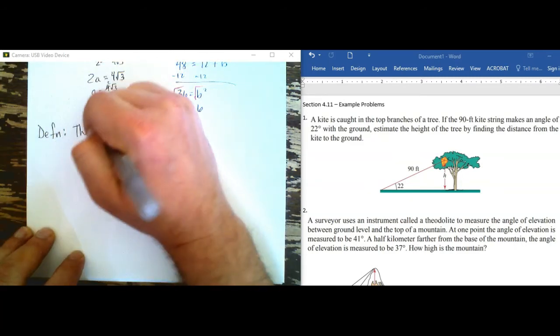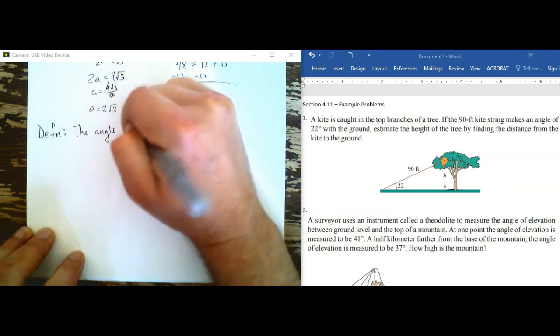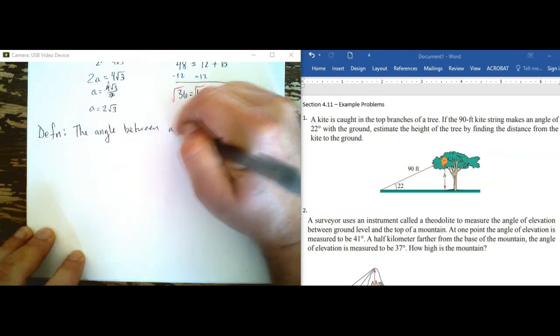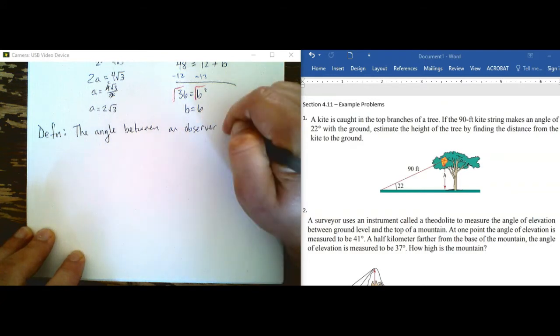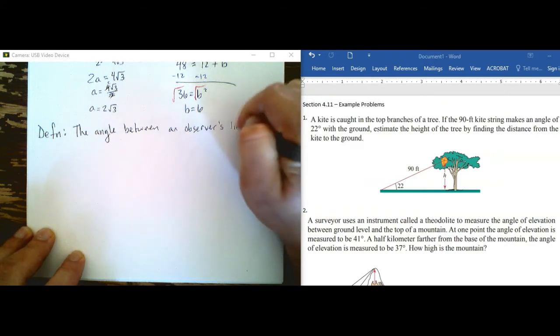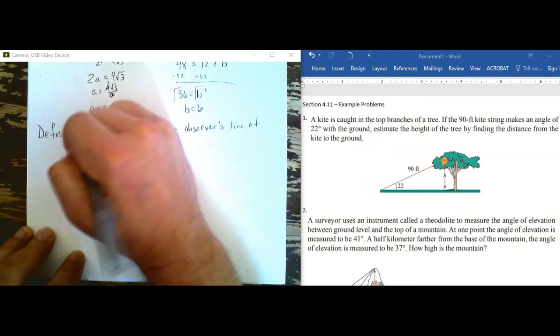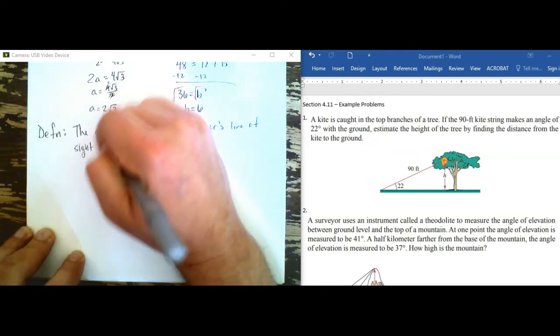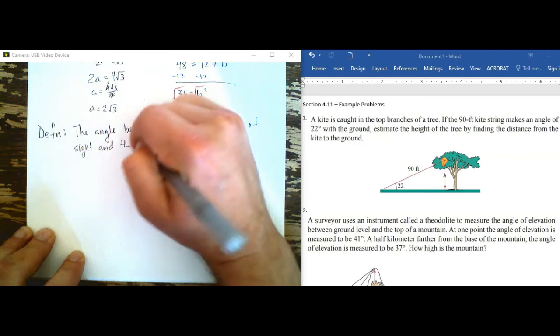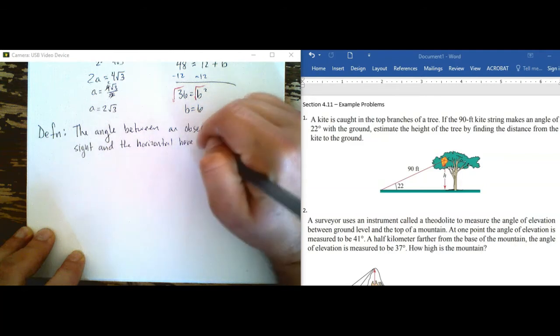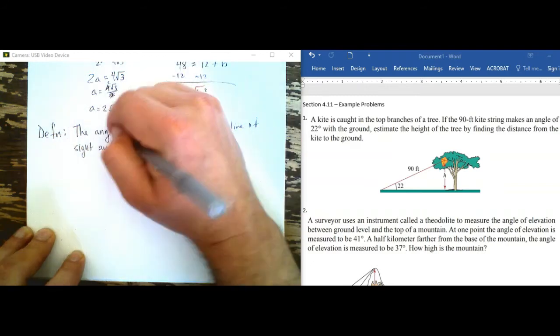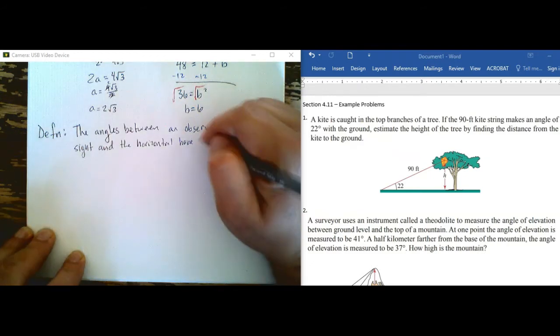The angles between an observer's line of sight and the horizontal have special names.